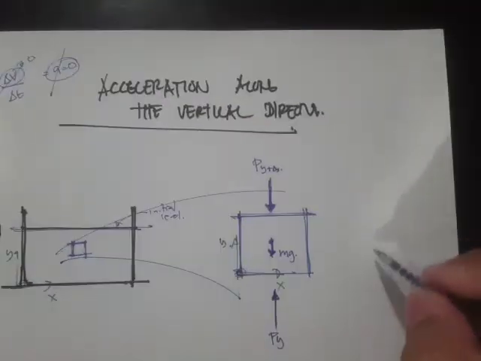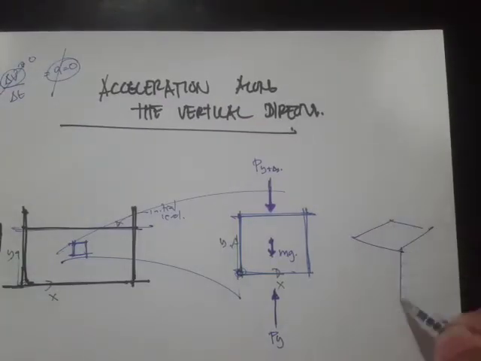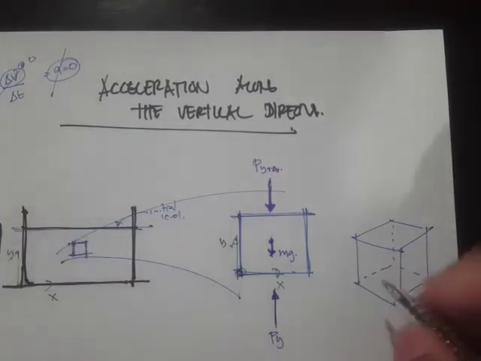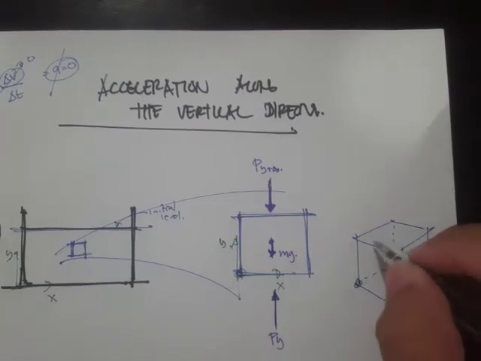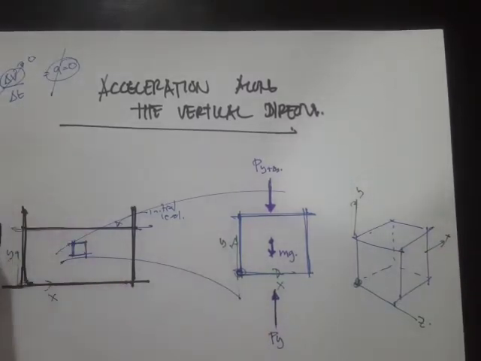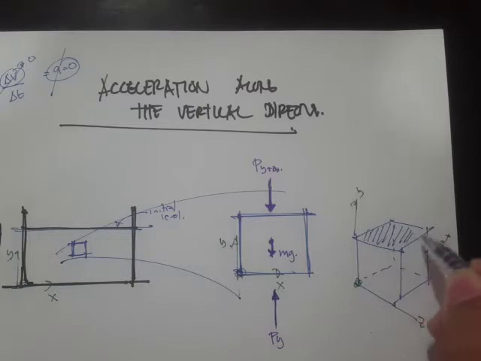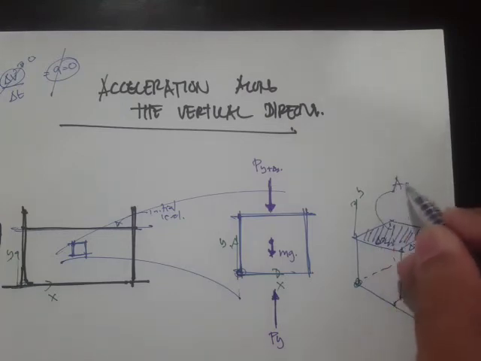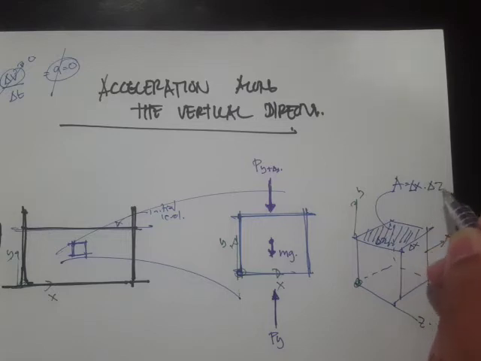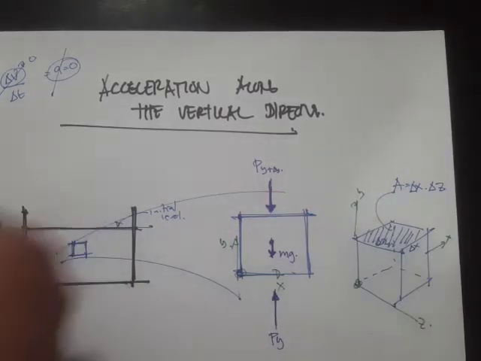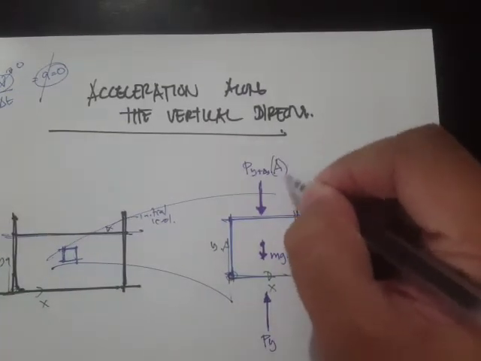Now let's try to draw the three-dimensional view. If this is our origin, then this will be our x, this will be our y, and this will be our z. Therefore, the area concerned is delta x in this direction and delta z in this direction, so the area is simply delta x times delta z. The force is that pressure multiplied by the area.